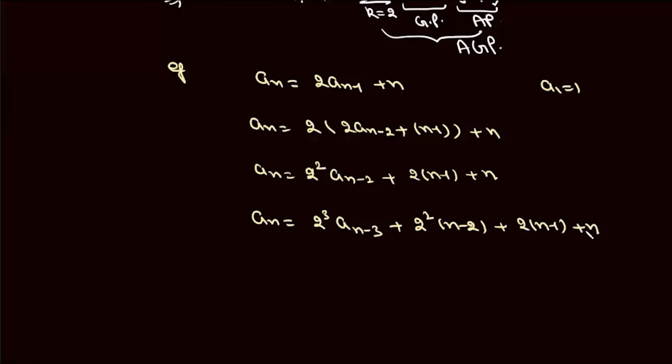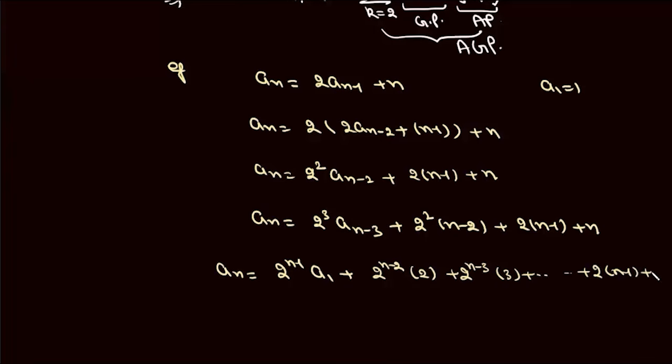And if we keep doing it for n times, we can simply write this as an equals 2 to the power n minus 1 a1 plus 2 to the power of n minus 2 into 2 to the power of n minus 3 into 3, up to 2n minus 1 and plus n.